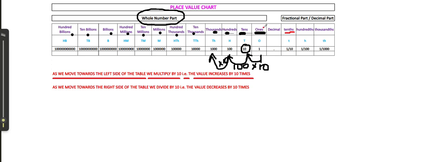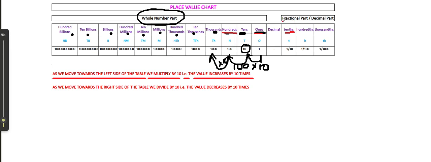When you look at the whole number part, you see everything is given in uppercase. Ones, the short form is O, in uppercase. For tens, the short form is T, in uppercase. Hundreds, the short form is H, in uppercase again. So it is just the name along with S.